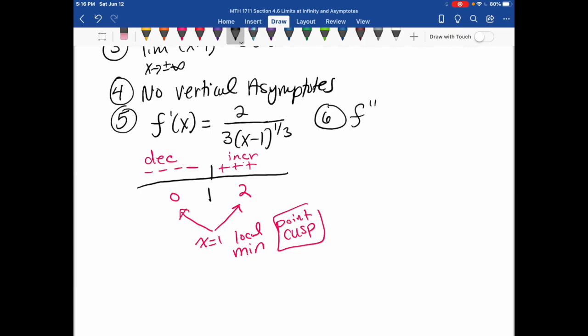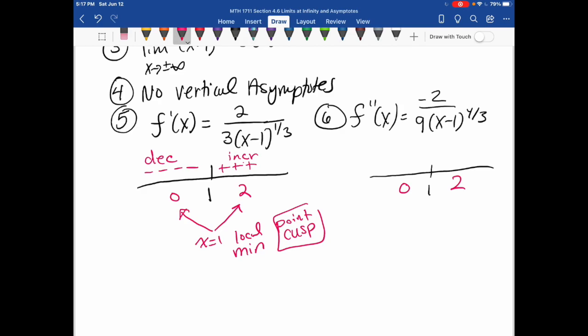Okay, number 6, we're going to use the second derivative to find where it's concave up and concave down. When I take the second derivative, do some scratch work and check to make sure you get the same thing that I get. I'm going to get that the second derivative is −2/9 times (x − 1) raised to the 4/3. Again, the second derivative can't be 0, but at x equals 1, it's undefined. So we're going to put 1 on our chart, and we're going to pick test points again.